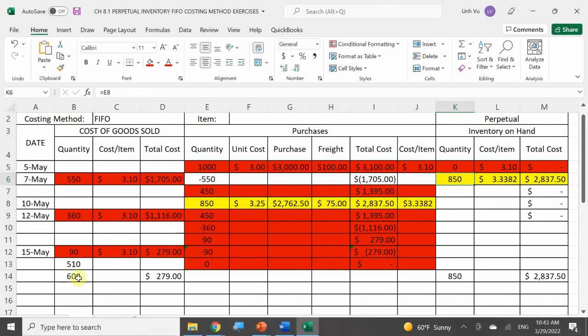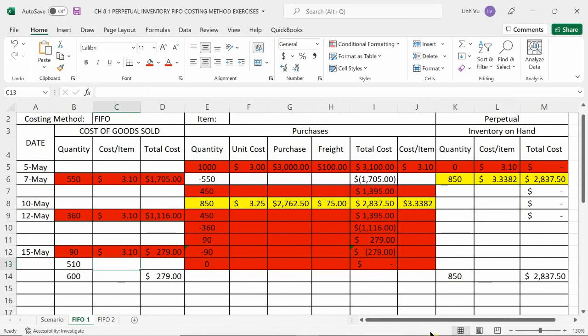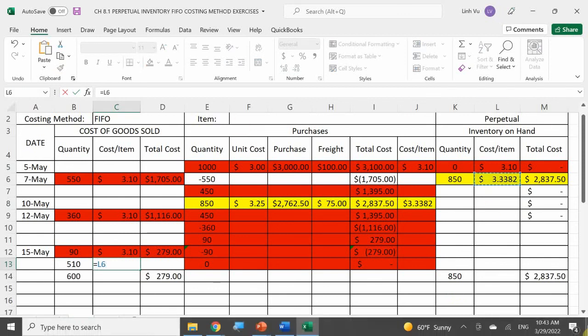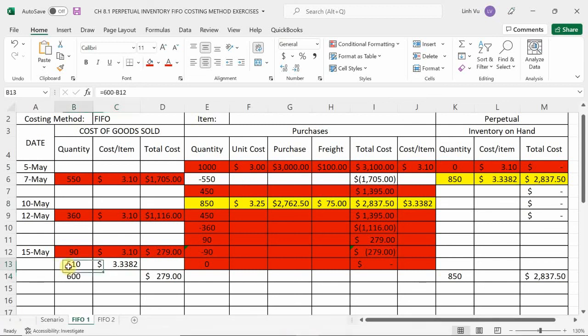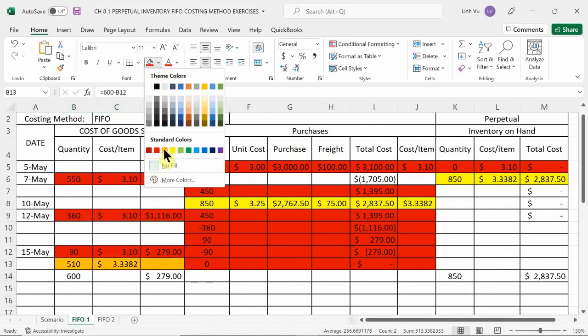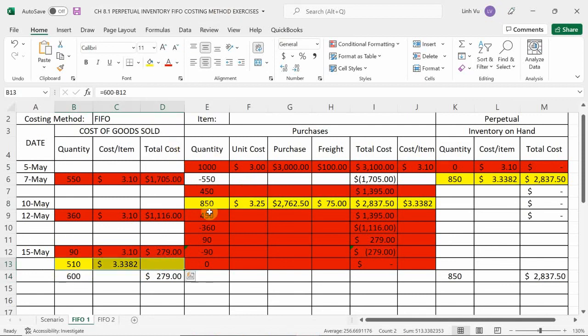I still need to solve for 510, because that's how many items I sold from my second batch. Because it's my only batch of inventory, I know for a fact it's going to cost me $3.3382. And this is for my yellow batch of inventory.